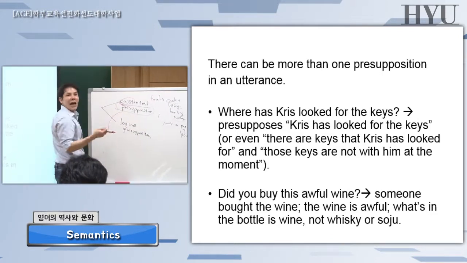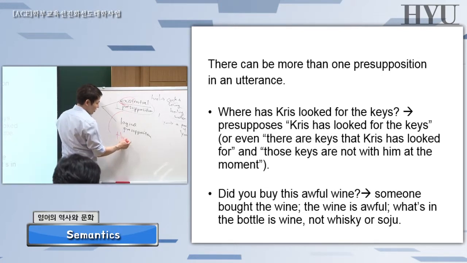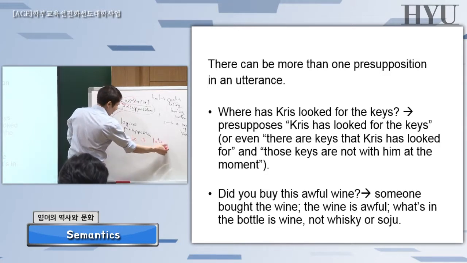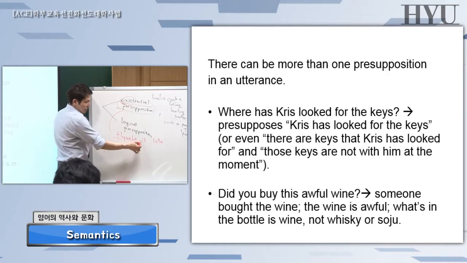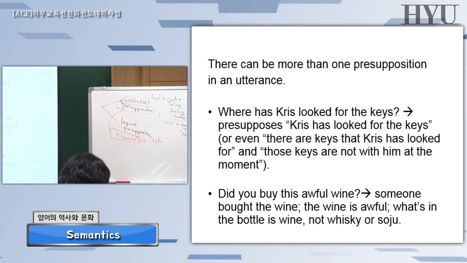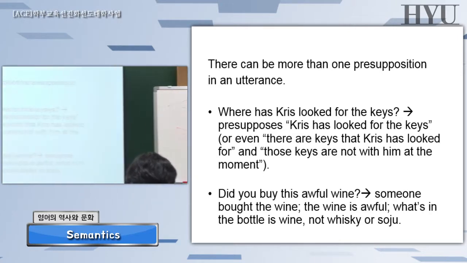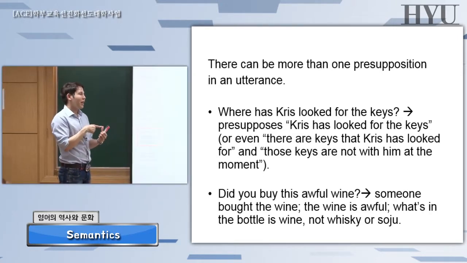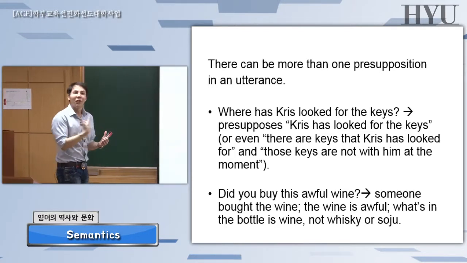So when you see proper nouns like names, for example, Hyun-ho is late. When somebody says Hyun-ho is late, that person presupposes that there must be a person by the name of Hyun-ho.